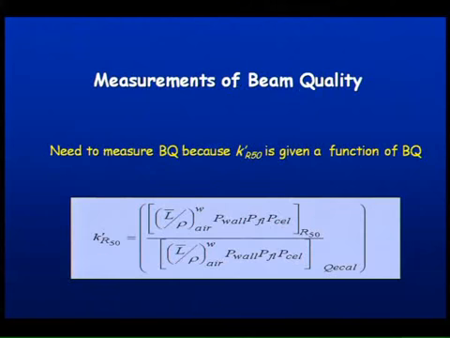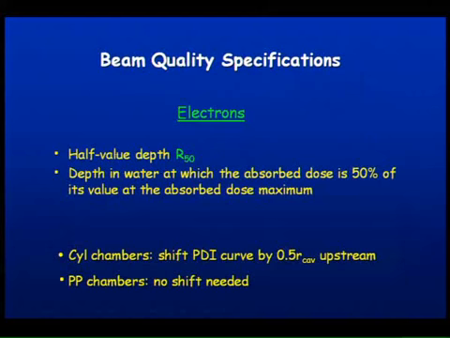We talked about KR50 prime. It's given as a function of beam quality, so we need to measure beam quality. For an electron beam, the beam quality is defined by R50, which is the depth in water at which the absorbed dose reaches 50% of its maximum value. Using a cylindrical chamber, you measure a depth ionization curve, shifted by 0.5 r. That's your gradient corrected depth ionization curve.